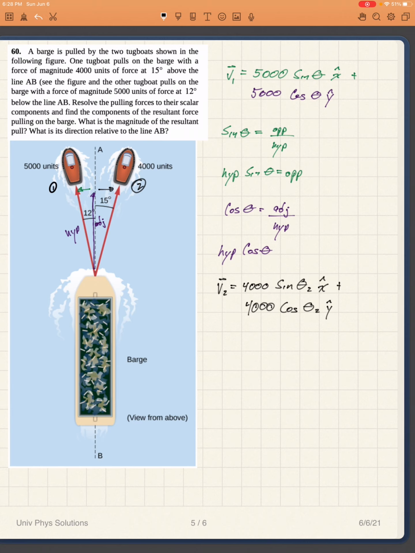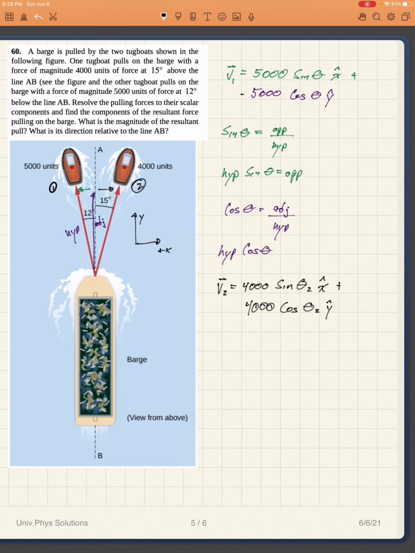not depending on the sine and cosine, but depending on the way you set up your coordinate system. So if I'm using this coordinate system, where this is positive y and this is positive x, then the component of vector 1 would be in the negative x direction.